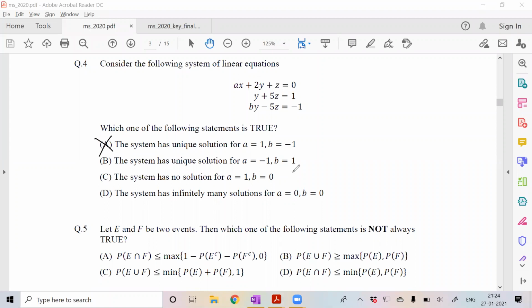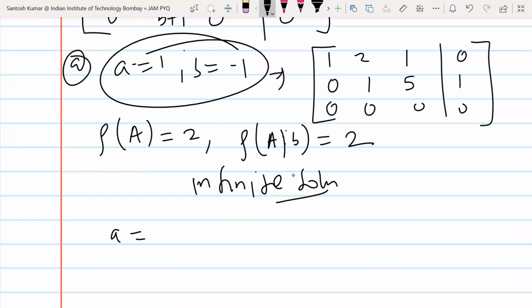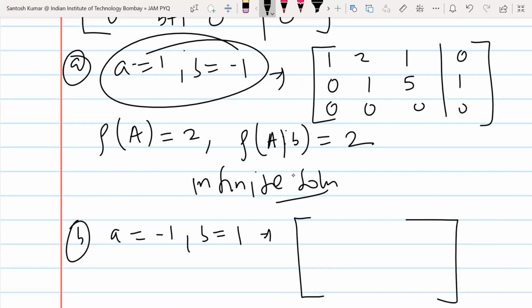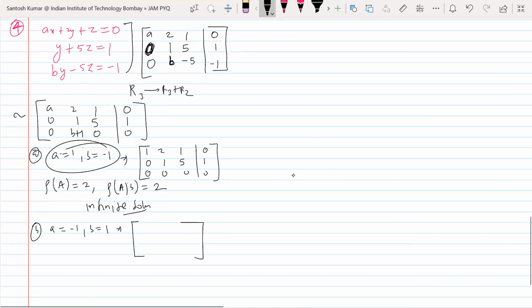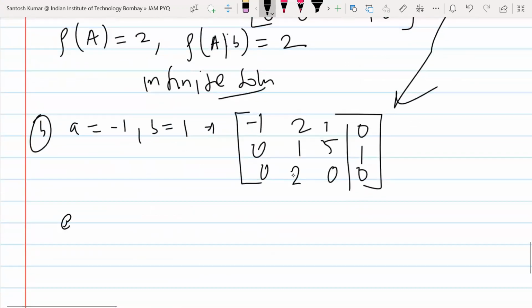Option B: a = -1, b = 1. So let's put a = -1 and b = 1 and write the matrix: -1 2 1 0, and 0 1 5, and so on.